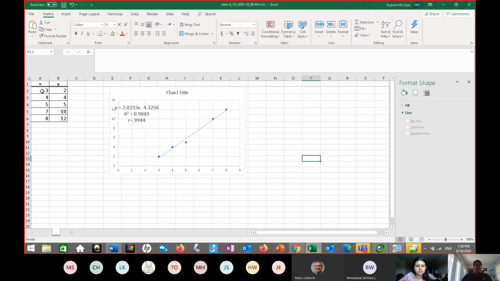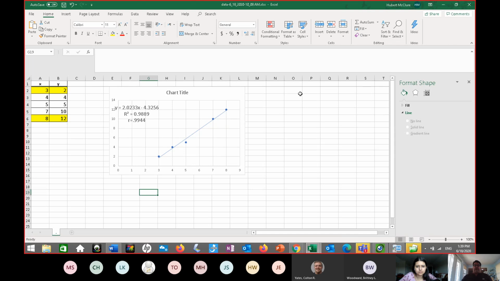They want to use 3, 2, and 8, 12. Everybody with me? Yes, sir. Now, what they're doing is they're using the 2 endpoints. Does anybody understand that? They're using this point and this point right here as a regression line.